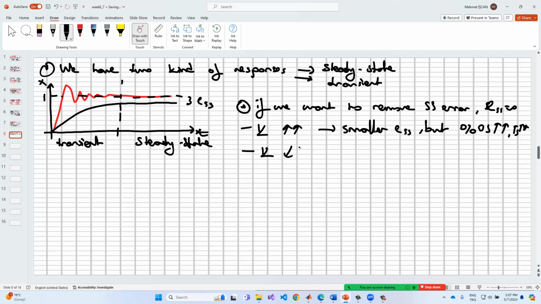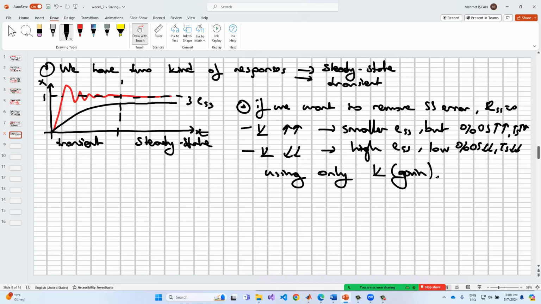If we choose the K smaller, then we have the high steady state error, just like this one, this black line, right? But low overshoot, right? And low TS in here. So we can't satisfy the smaller steady state error, smaller overshoot and smaller TS using only gain, right? We can't do that.